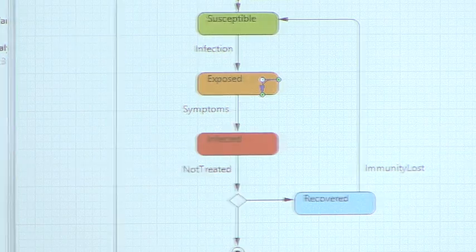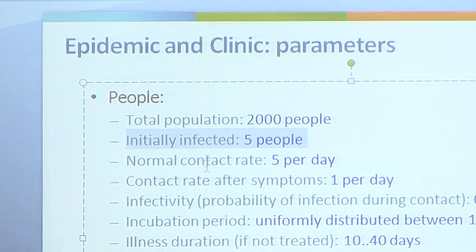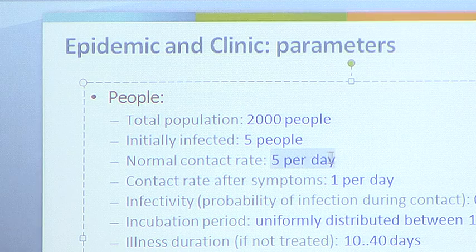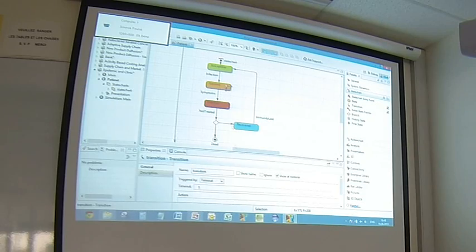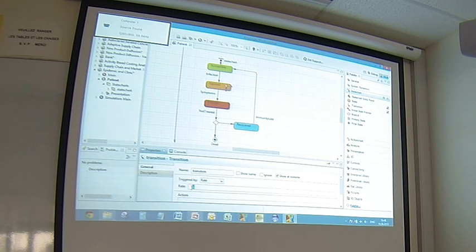And let's look at how frequent it is. Normal contact rate, 5 people per day. Infection probability is 7%. So here I'm writing with the rate of 5 per day, I contact other people, and people get infected with probability of 7%.